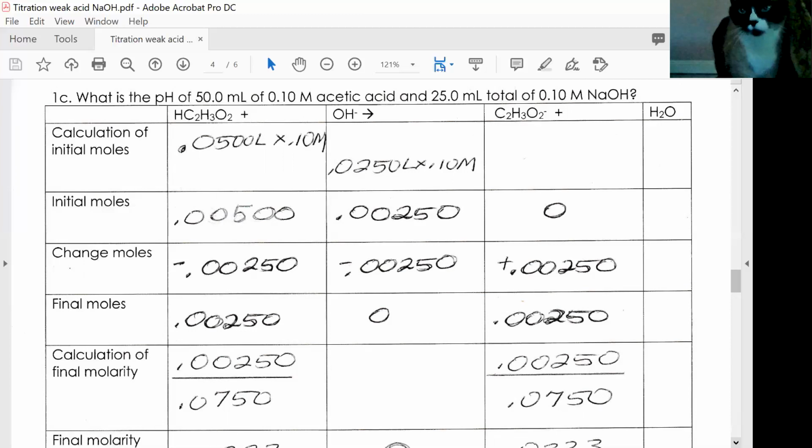So hydroxide's all used up. You have 0 moles of hydroxide. We have 0.00250 moles of acetic acid, 0.00250 moles of acetate.